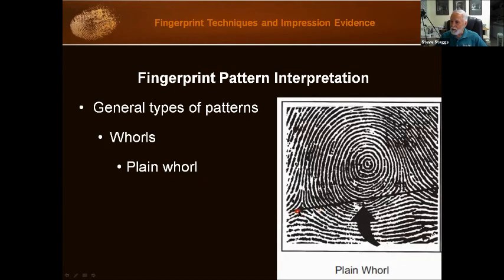So if I draw an imaginary line between these two deltas, remember a plain whorl has two deltas, and one or more of these ridges that form this complete circuit pattern touches or breaks that line, then what we have is a plain whorl.